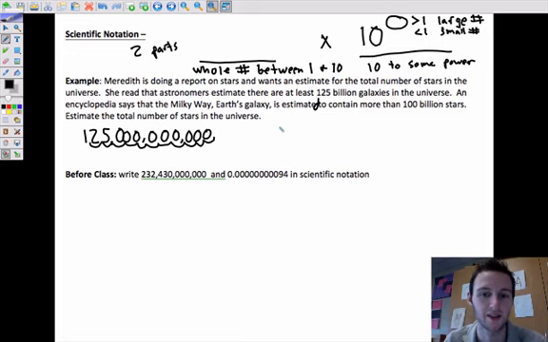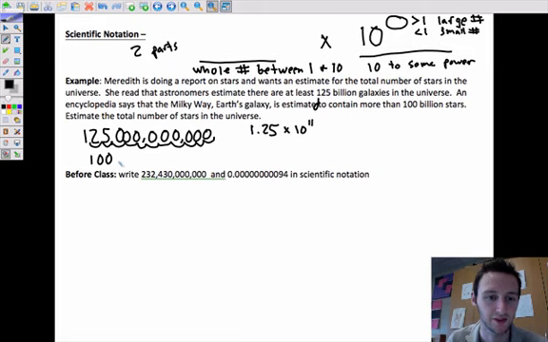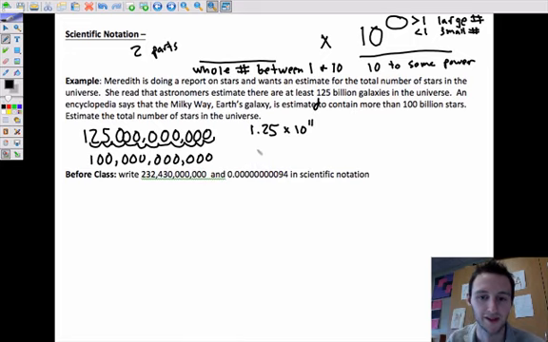So we can rewrite this in scientific notation as 1.25 times 10 to the 11th. And I have 100 billion stars, and if I write that in scientific notation, this is just 1 times 10 to the 11th.